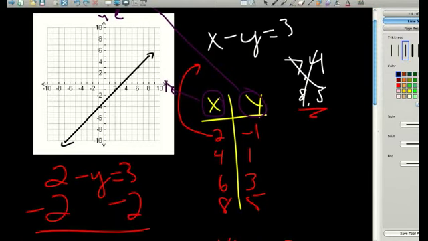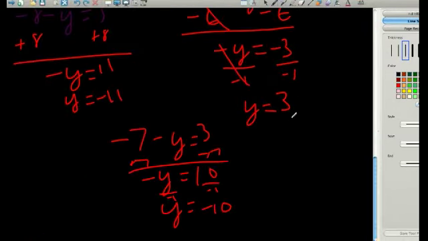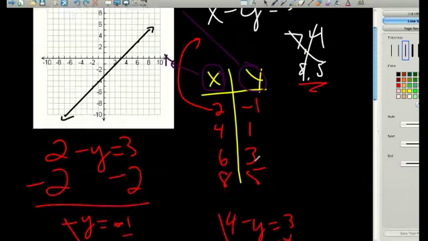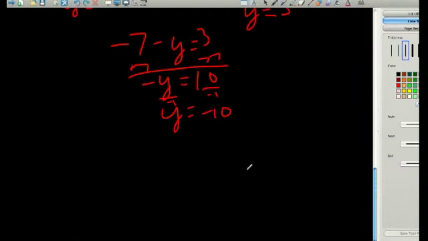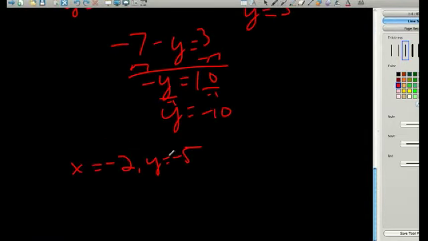So based on this graph, I'm going to assume that at -2 it looks like about -5. So when x is equal to -2, y should be equal to -5. Let's see if this works.